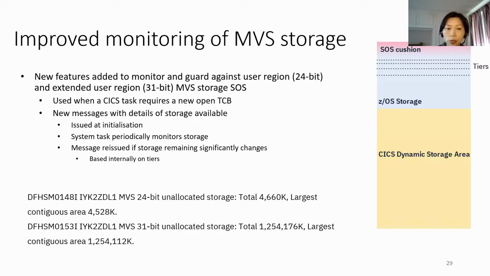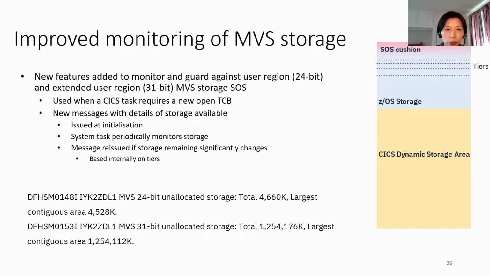At that time, it will use the storage in this z/OS storage area. So that's one way of using that z/OS storage. But there are also some z/OS GETMAIN commands, unconditional GETMAIN commands, which can also make use of that z/OS storage area.